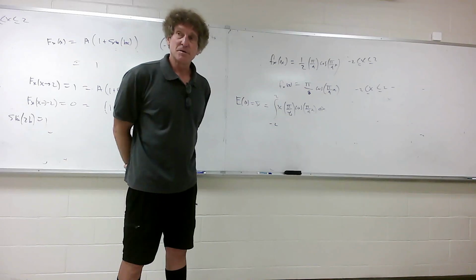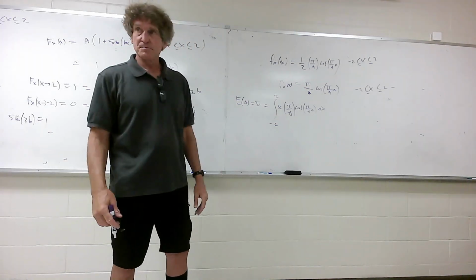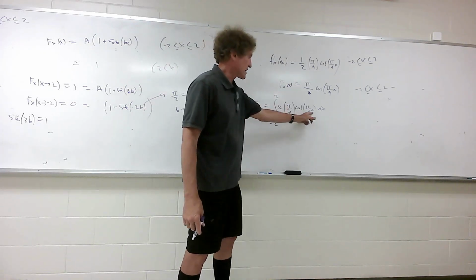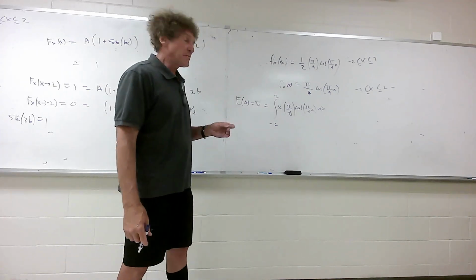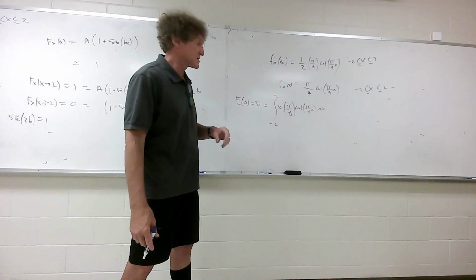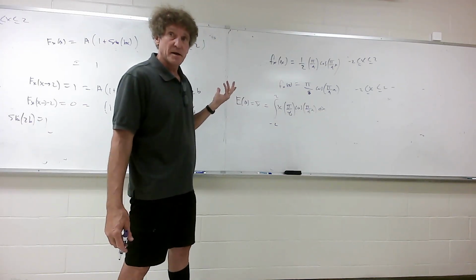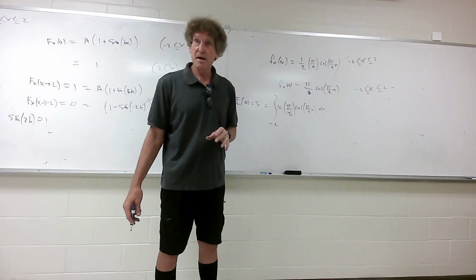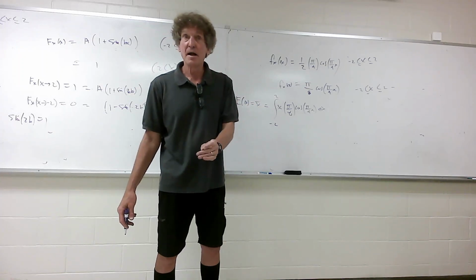Now, I have a question for you. I'm going to show you something. I think this is a nice trick. Just take a look at this for a second. Do you see that the cosine of pi over 4x is an even function? If you integrate an even function from minus a to plus a, you get twice the integral from 0 to the upper limit of 2. You all agree with that? Of just cosine. x is an odd function. Do you agree with that? Odd times even is odd.